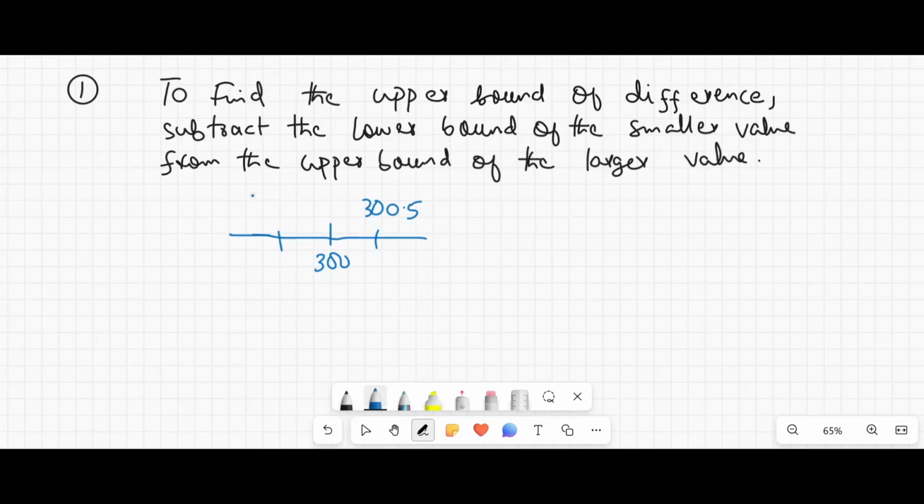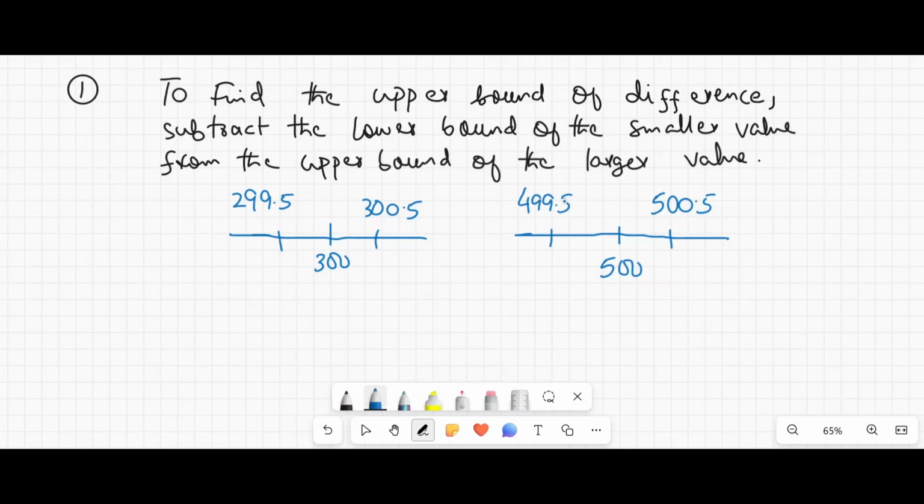So this will become 299.5. Now here this will become 500 millimeter, so this will become 500.5, and here it is 499.5 millimeter.